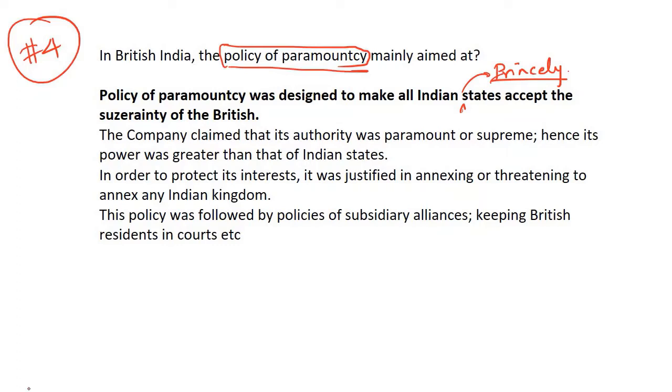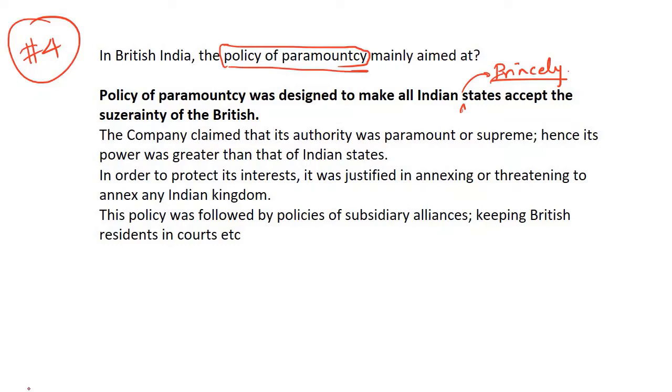So if there is a statement that says that the policy of paramountcy was about getting trading rights in coastal provinces, no. Was it about establishing subsidiary alliance in all states? No. It was about the British asserting their control and their dominance over the princely states.